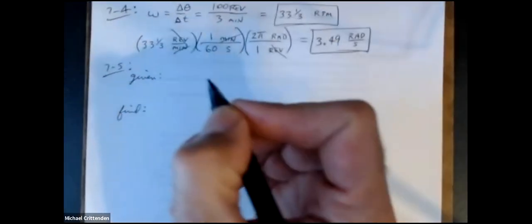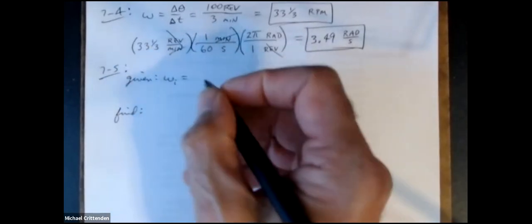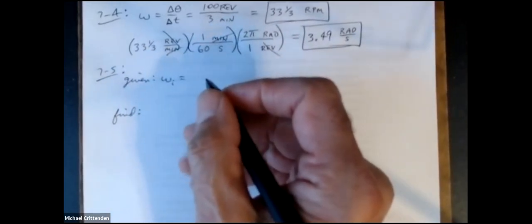Because, just like in section 1, you've got initial, final, and average, and you don't want to be mixing them up with each other. So omega initial equals 50 revolutions per minute.